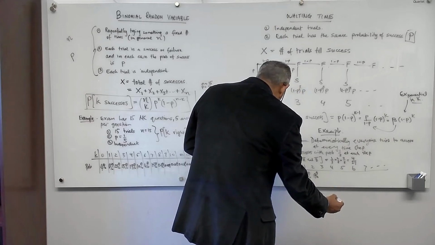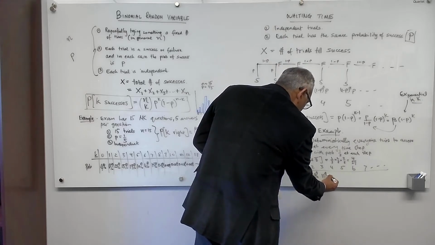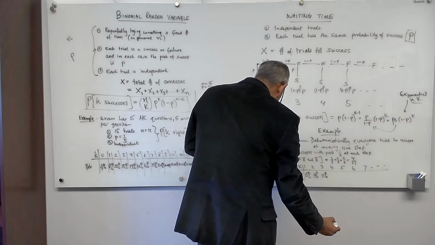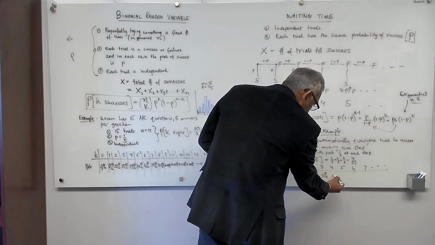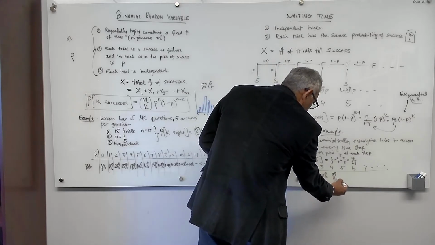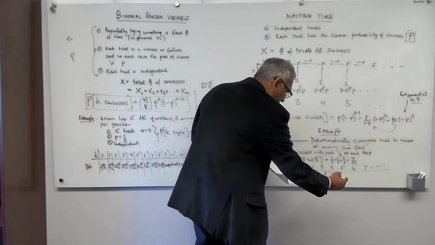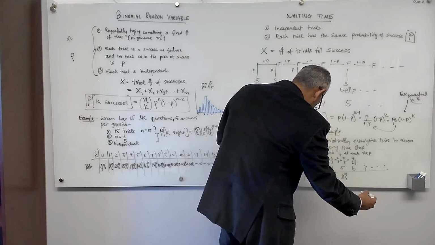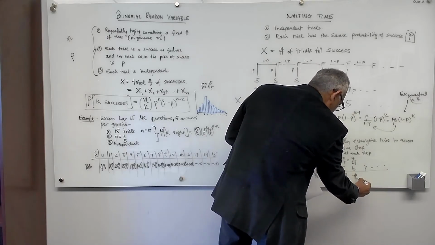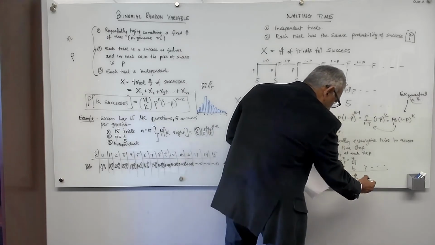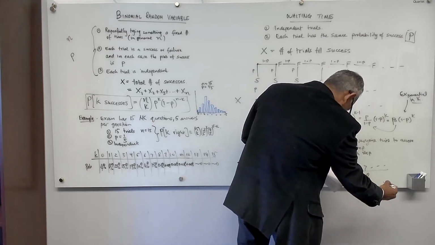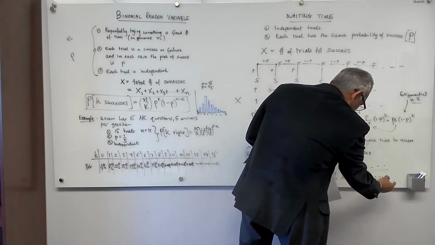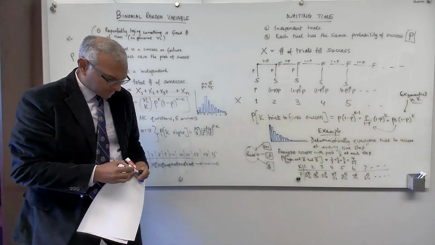The third trial, about 11%. The fourth trial, about 10%, well, more like 9%. The fifth trial, about 8%. The sixth trial, about 7%. The seventh trial, about 6%. The eighth trial, and so on.